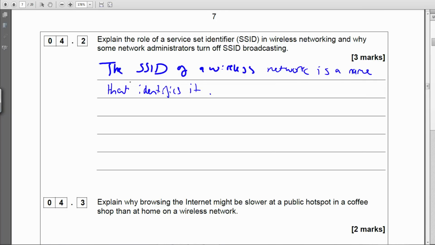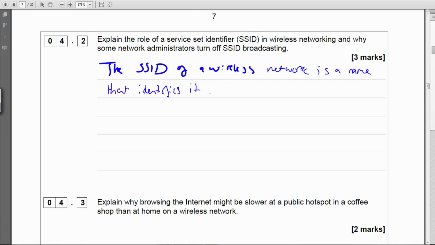So I've written there, the SSID of a wireless network is the name that identifies it. So the role of it is basically to connect to a network. Your device has to have the same SSID, I guess you'd say, programmed into it or stored into it to connect to the network sort of automatically.